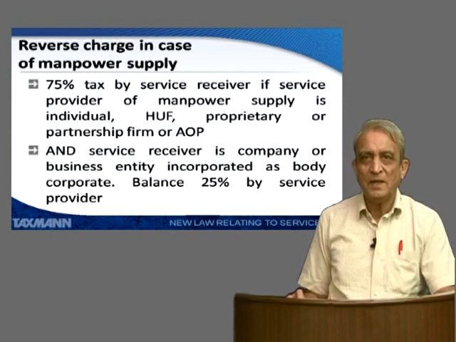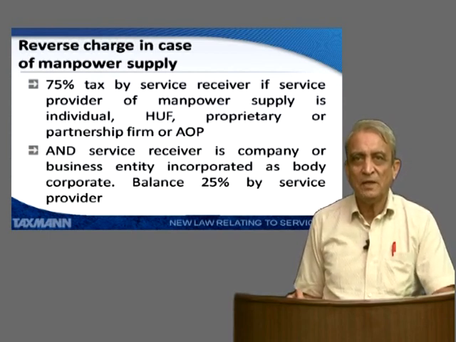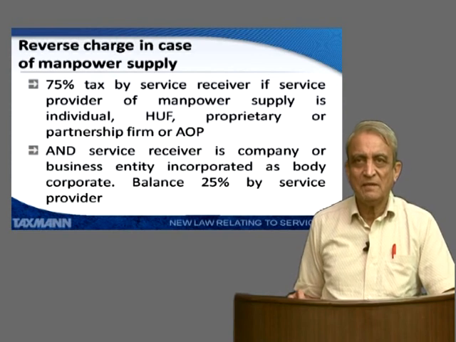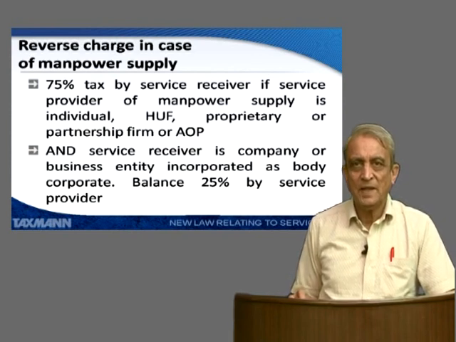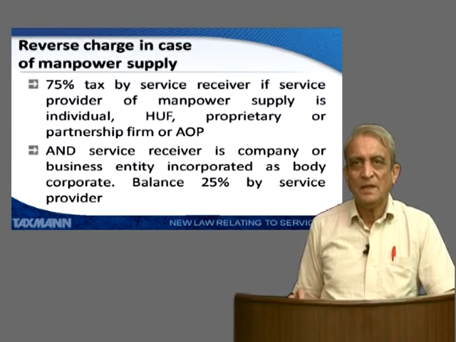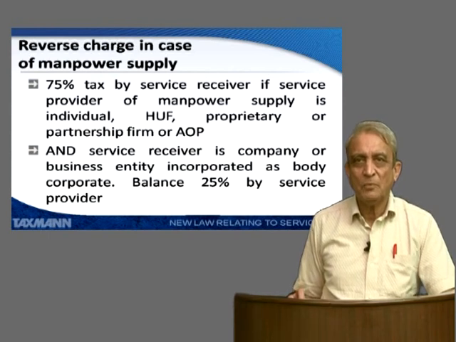If the service provider is company or a body corporate, then this reverse charge mechanism does not apply. Further, this reverse charge mechanism applies also when service receiver is company or business entity incorporated as a body corporate.